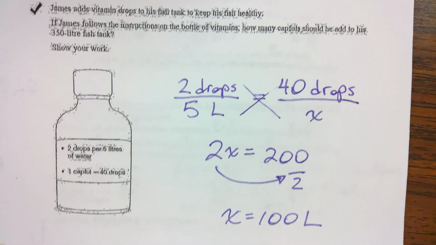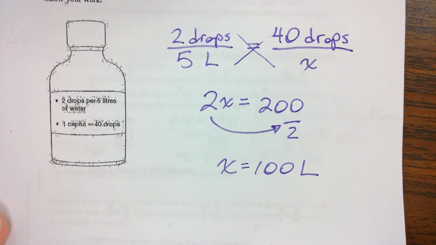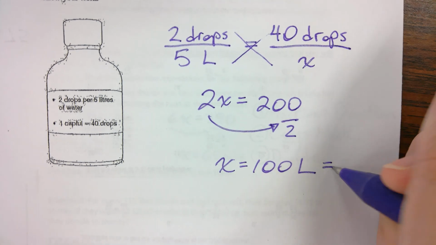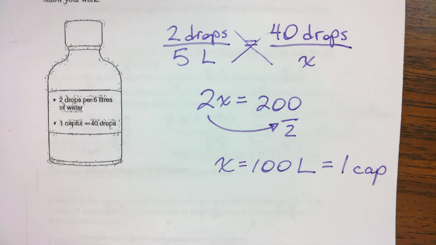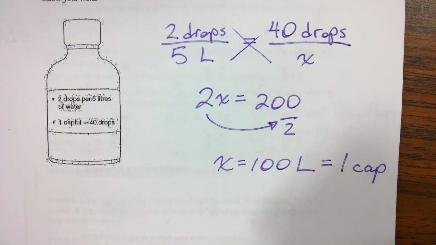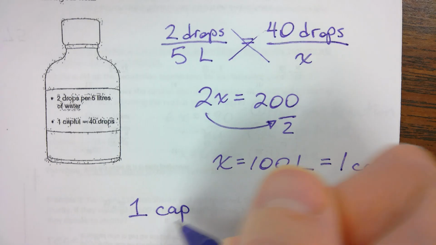Okay? And then next? And then because 40 drops is the same as 1 capful, that means 1 capful equals 100 liters. Okay, yep. So 1 capful over 100 liters equals Y over 350 liters.